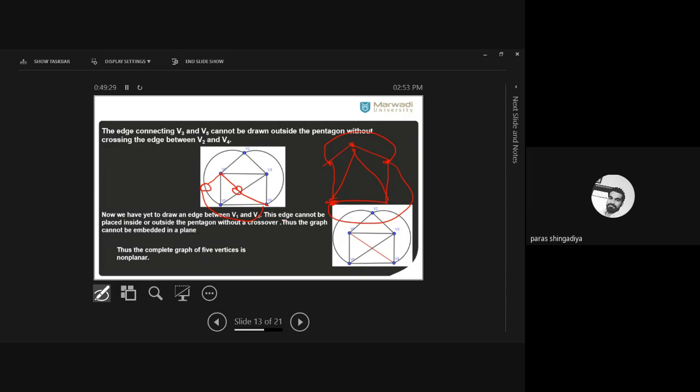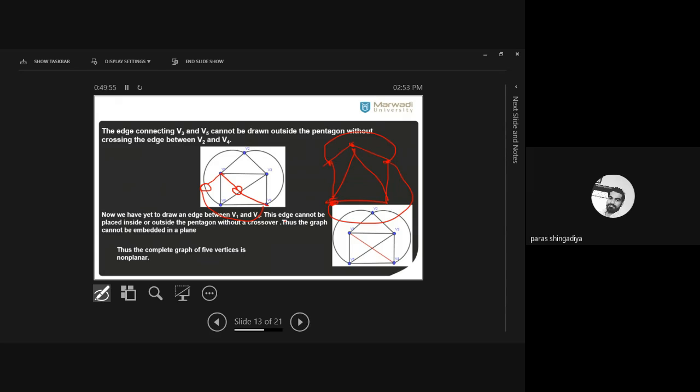In the second case, that is the minimum number of vertices, 5 vertices, and the minimum number of edges, 10 edges, which is a non-planar graph.